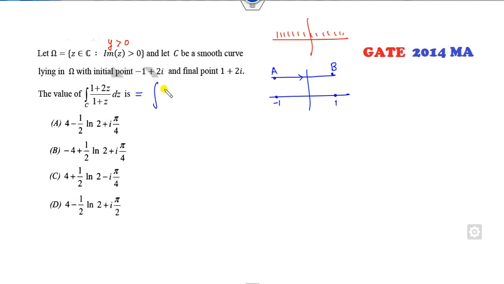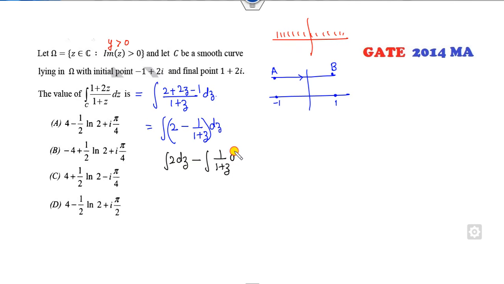Very simple. Because the degree is the same, you have to divide it. I can rewrite this portion in this form: I can write this as 2 over minus 1 plus z, that is, 2 dz over z minus 1.